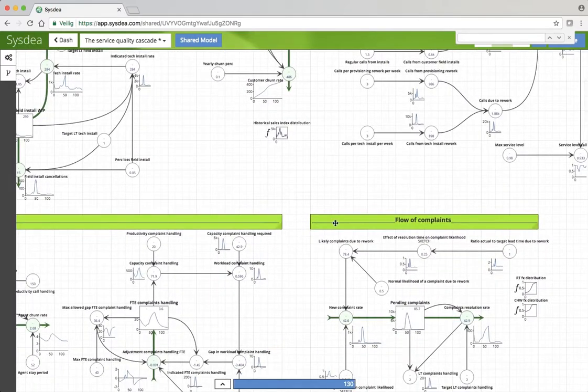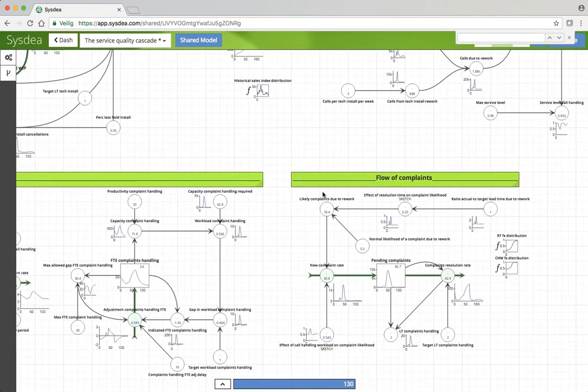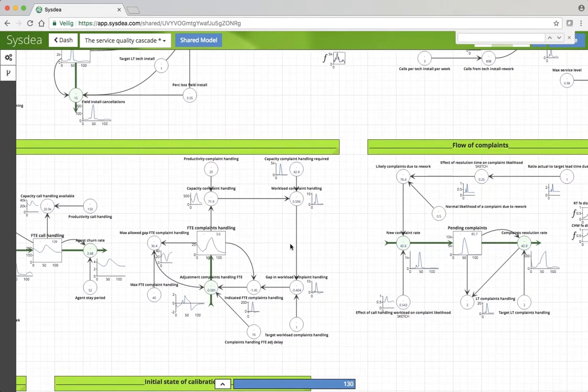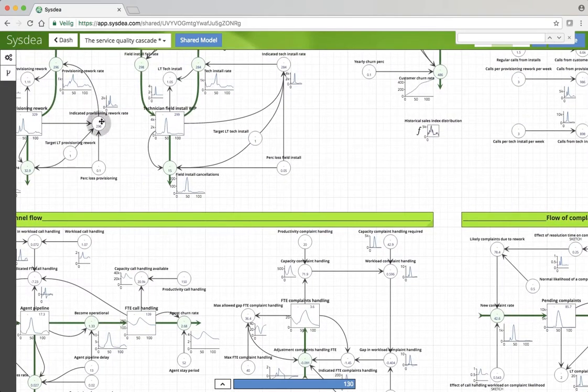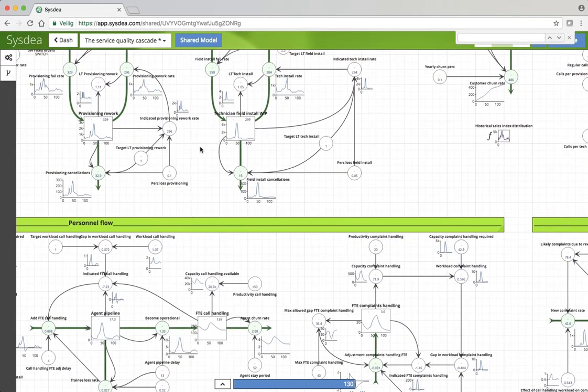Both of these peaks result in a huge peak in complaints that isn't resolved for a long time, because the people that could quickly resolve those complaints are kept out. And the people in the operational process that can solve problems are not kept out, but that doesn't mean that the problems solve themselves.